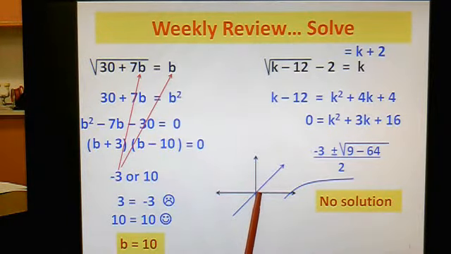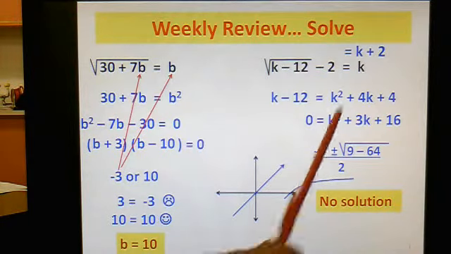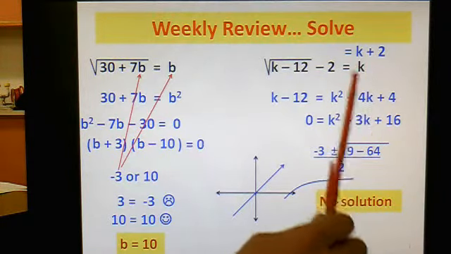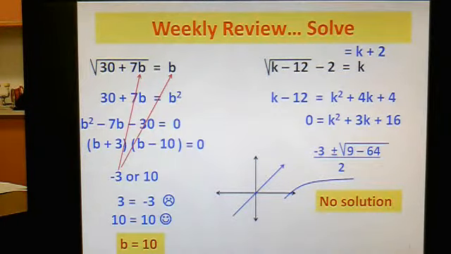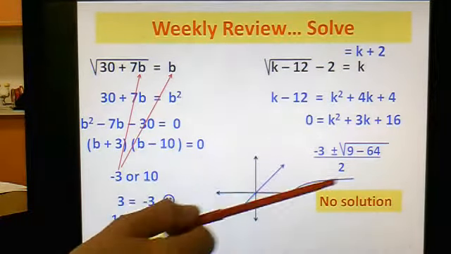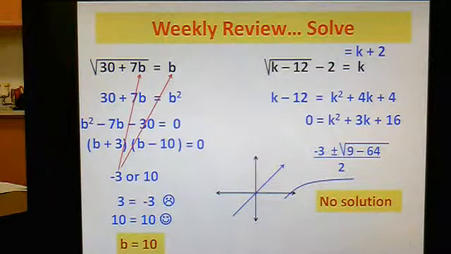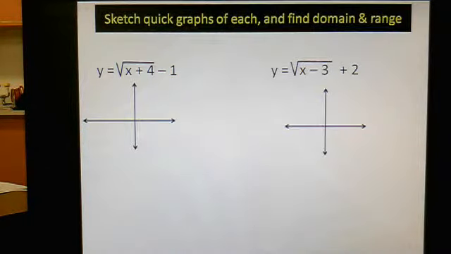So I'm just going to estimate here, right 12 and down 2 moves my curve over here. And of course, y equals x, which would just be a line through the origin. It'll be a system tomorrow for at least one of the problems. And you can see they don't intersect. This is going to keep going up, this is going to keep going up, but this will never catch up to each other. So you might have one solution, you might have two solutions, you might have no solution.